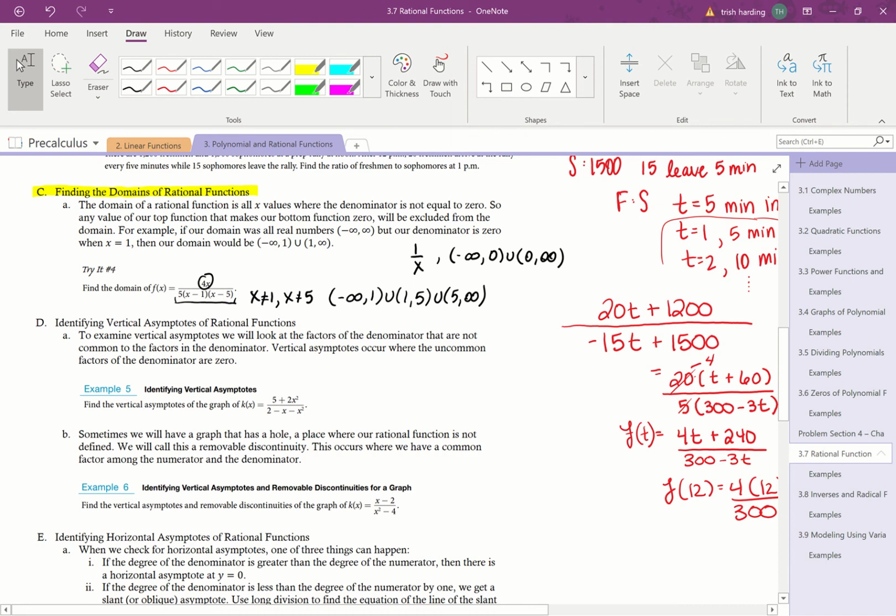And these would produce asymptotes, which we will talk about right now. So when we examine a vertical asymptote, and remember a vertical asymptote is one that goes up or down, we look at the factors of the denominator, that's the bottom, that are not common to the factors in the numerator.